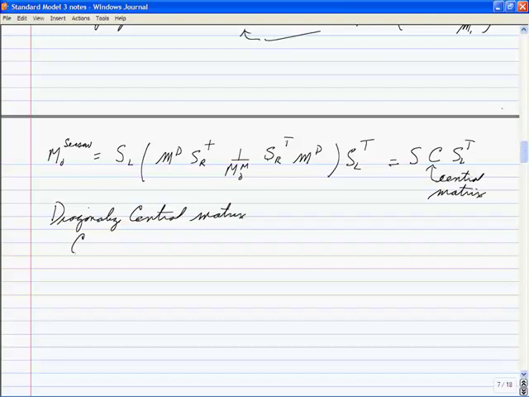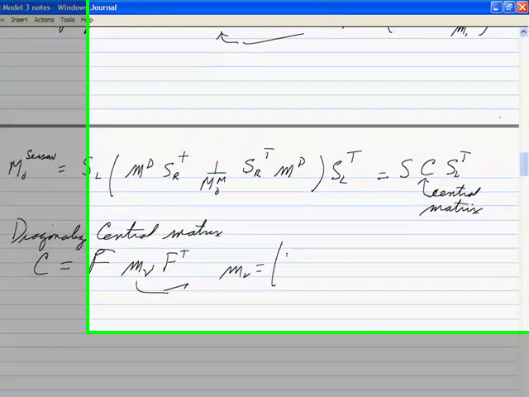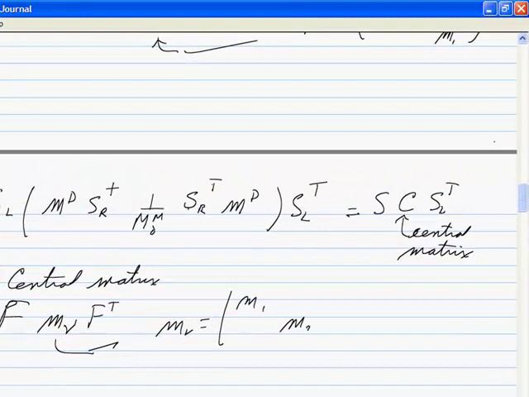C is going to be chosen to be some F M_nu F dagger F transpose, where this guy finally is going to be the diagonalized one. This is going to be M1, M2, M3, the physical states.